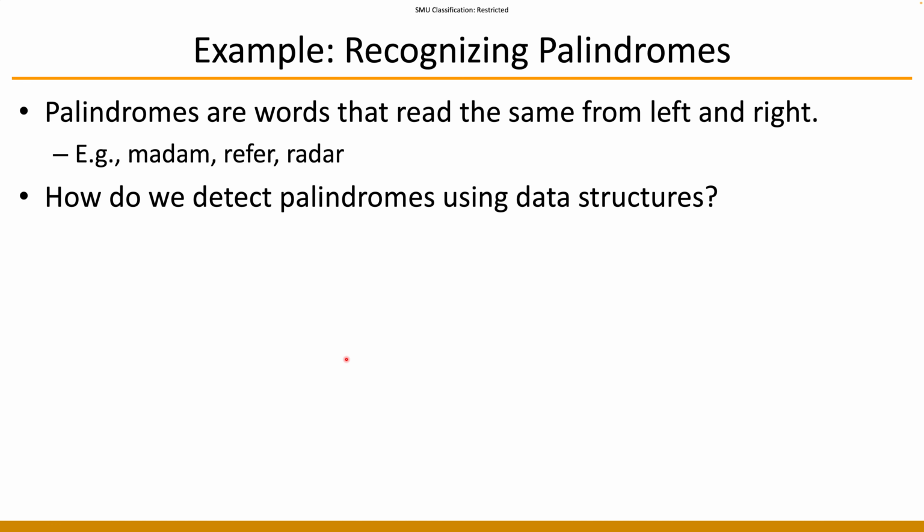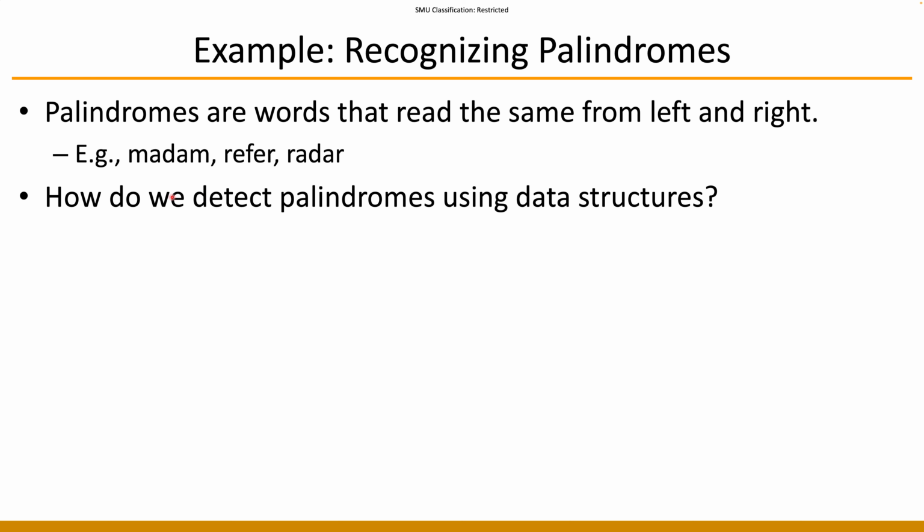So how do we use it? Queues, of course, have a very straightforward usage case. But in this particular example, we try to use the recognition of palindromes as one example where we can simultaneously use both the queue and the stack, by utilizing their unique properties. A palindrome is a special type of word that reads or spells the same way whether you start from left to right or right to left.